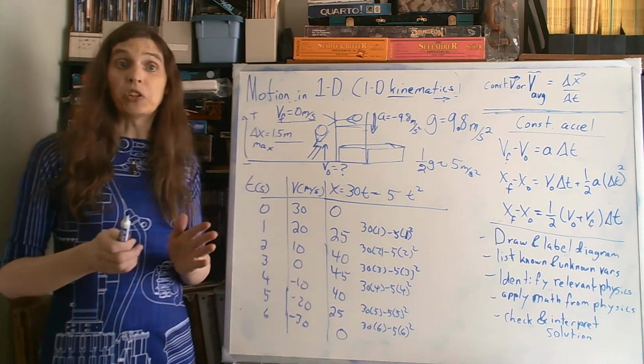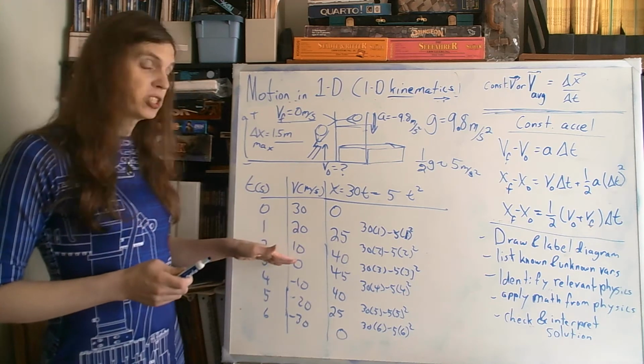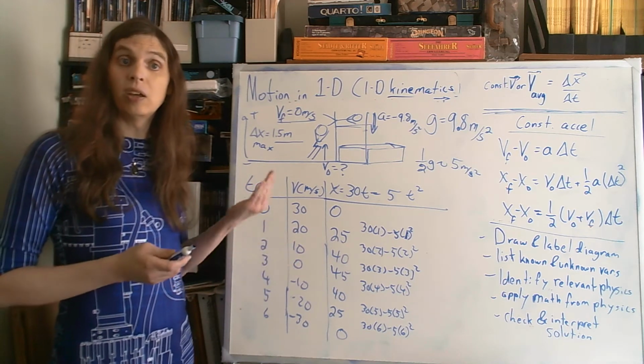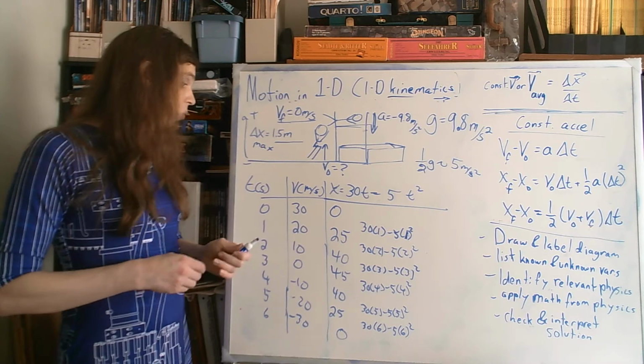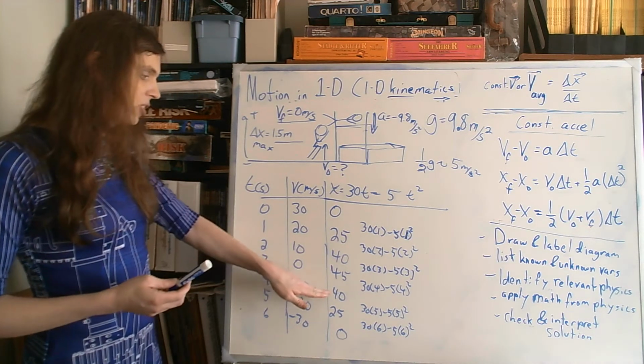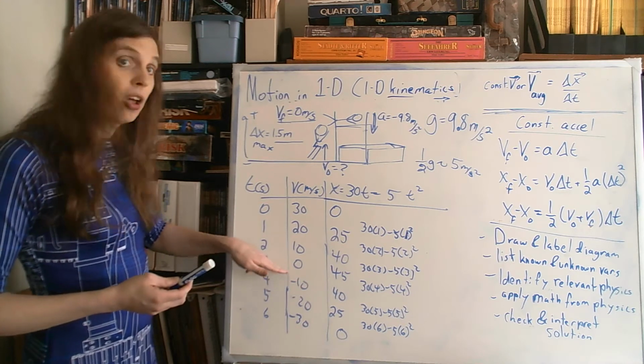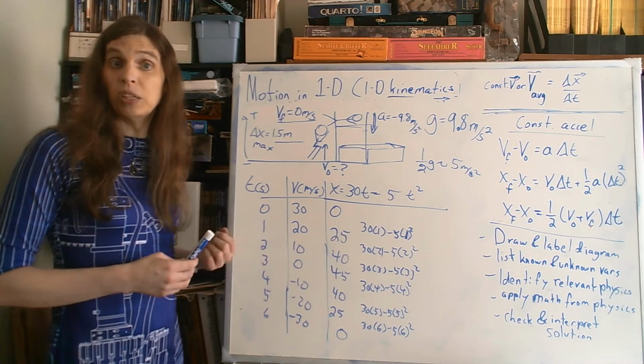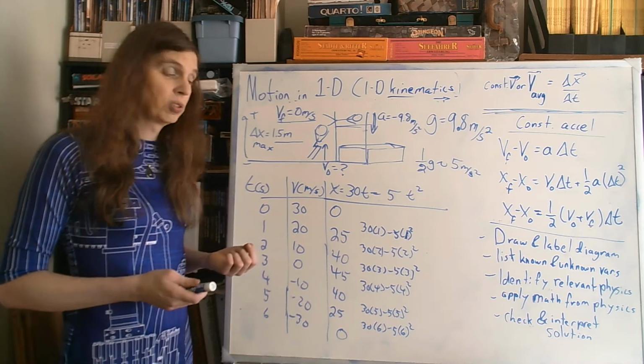We see a symmetry here, both in the speeds and in the heights when we're accelerating at a constant rate. When you're at the same height, you're also at the same speed, but in the opposite direction.